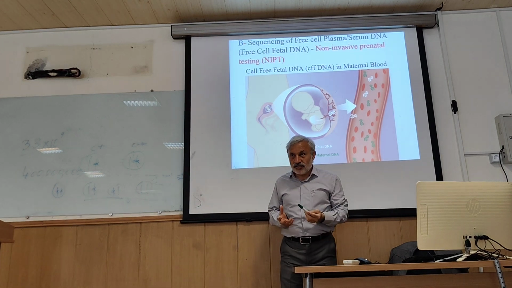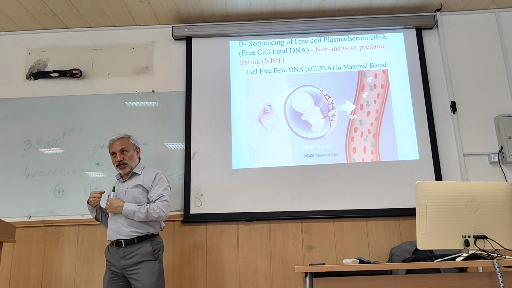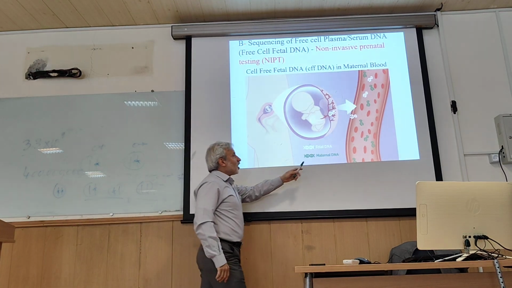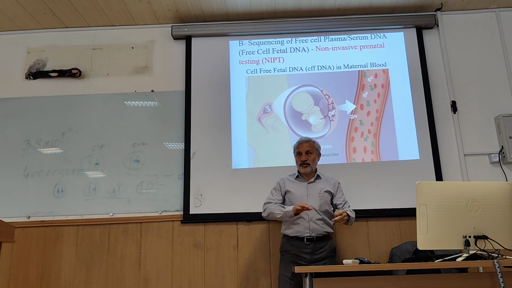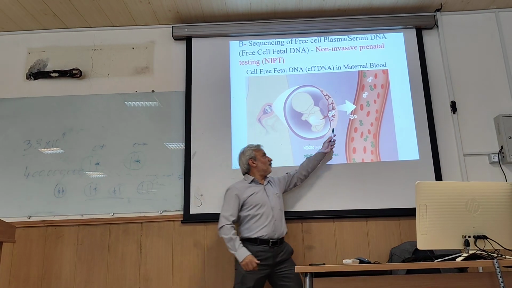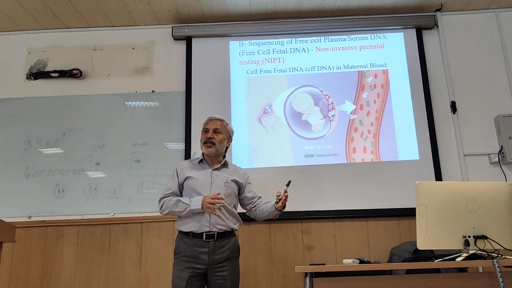What we check in this situation, we get the DNA from the mother and we separate the mother's DNA and the fetus DNA. We separate them, and we check the fetus DNA. Understand? We check the fetus DNA.